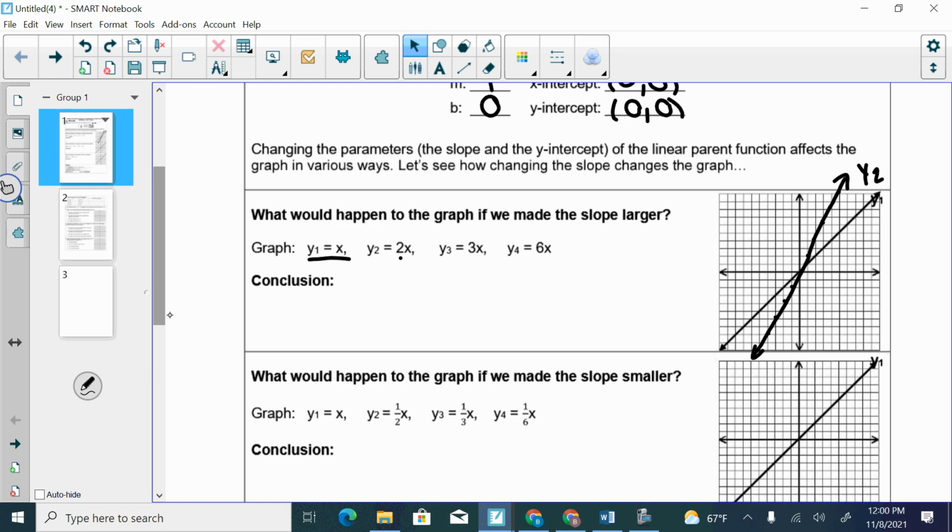All right, the next one is y equals 3x. It tells us we have a slope of 3. That tells us we're going to go up and over how much for those points?